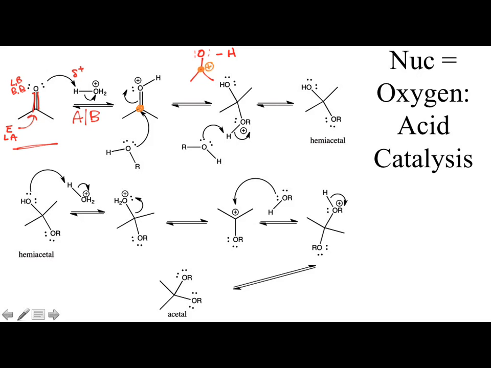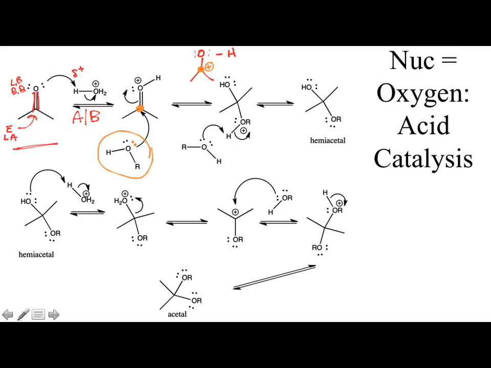What do we have floating around in solution? This is where we also have an alcohol solvent. That alcohol has electrons on the oxygen. That oxygen can act as a nucleophile.